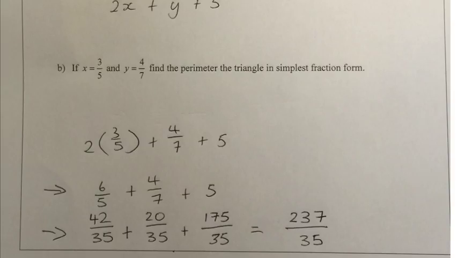We're multiplying 4 over 7 by 5 over 5, so that gives us 20 over 35. And we're multiplying 5 over 1 by 35 over 35, so 5 times 35 equals 175 over 35. Then we add all the numerators together, which adds up to 237 over 35, which I don't think can be simplified down. I think that's it.